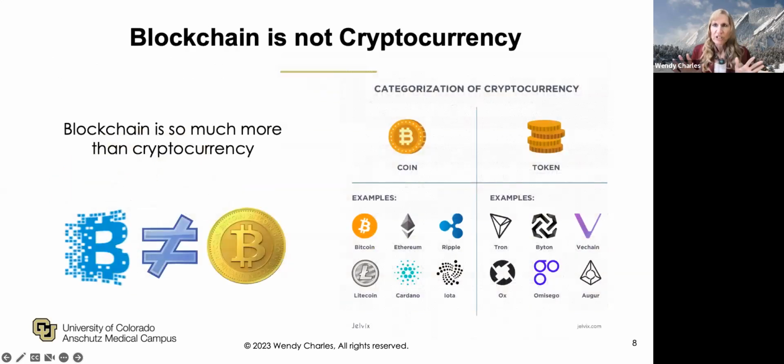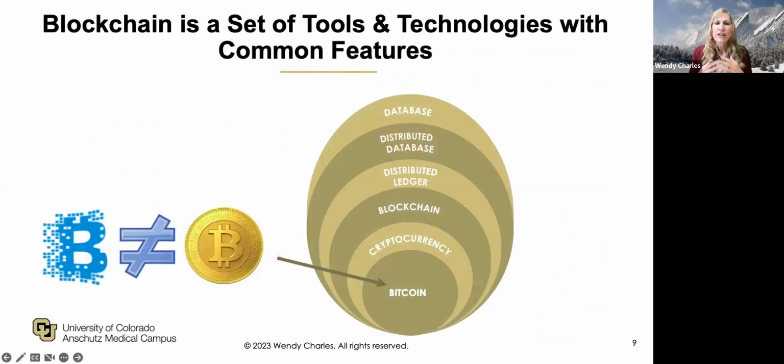So, first caution, of course, blockchain is not cryptocurrency in itself. Cryptocurrency is built on a blockchain platform, and there are different types of cryptocurrencies. The most important thing is to be aware that blockchain is so much more than cryptocurrency. In fact, when we think about different cryptocurrencies, it's like concentric circles.